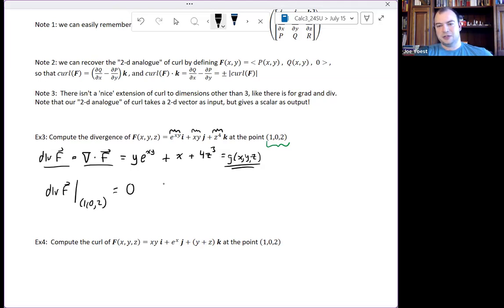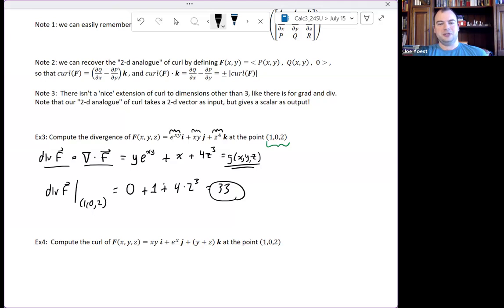Well, y is 0 times whatever is 0, plus x is 1, plus 4 times 2 cubed. So that's 4 times 8, which is 32, and plus 1 is 33. So mechanically, not a very difficult thing to do. Just take 3 partials and then evaluate if you need to.